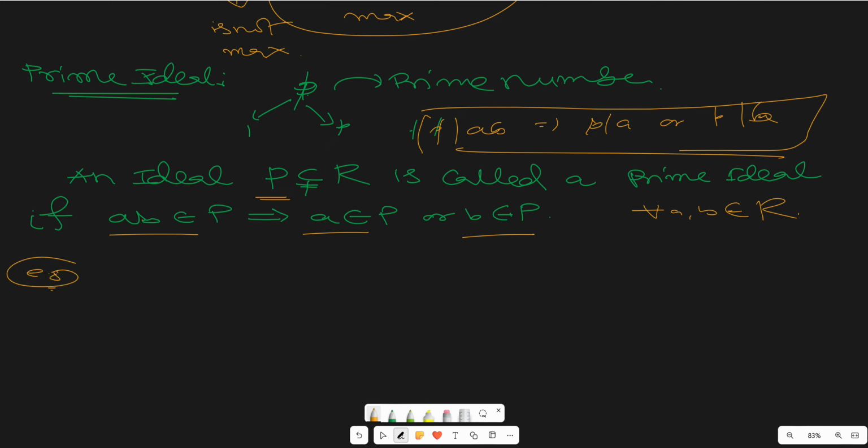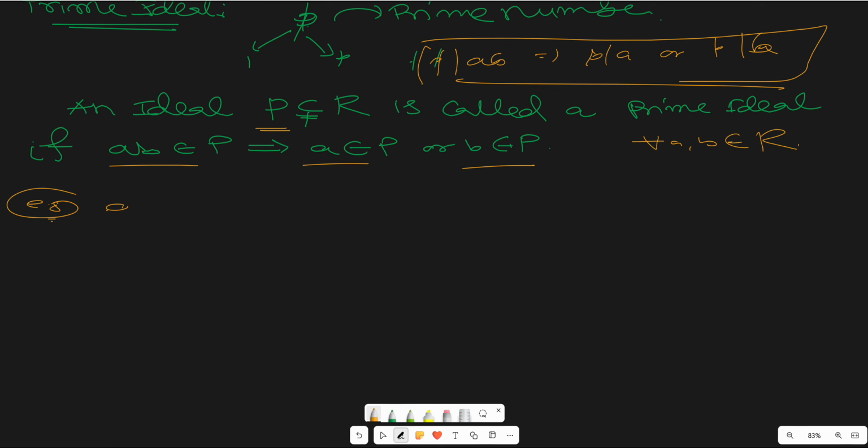So what are the examples? In Z, 0 is a prime ideal, right?